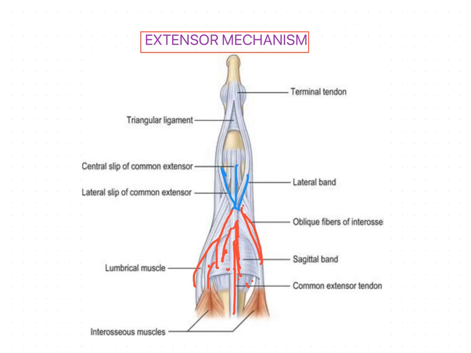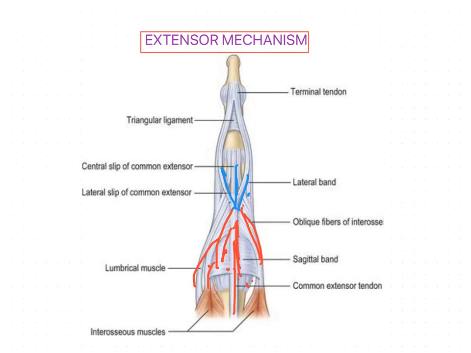This happens at the level proximal to the head of the proximal phalanx, and it has one central band and 2 lateral bands.